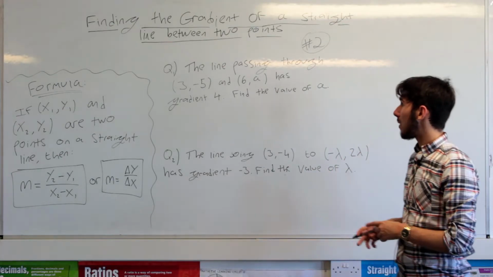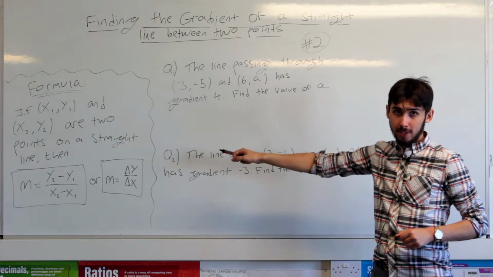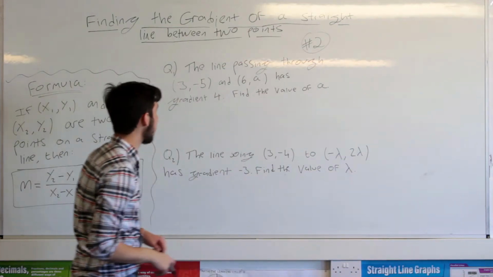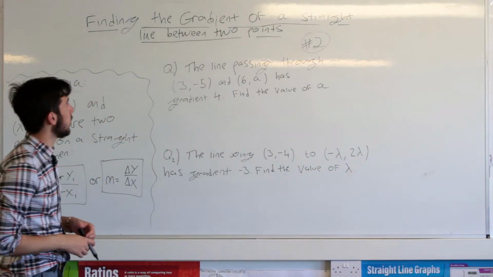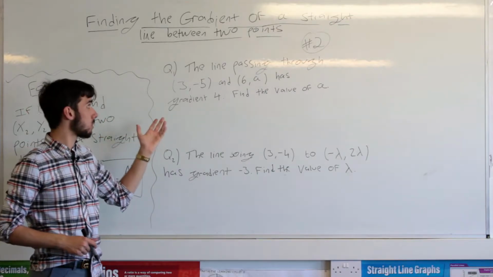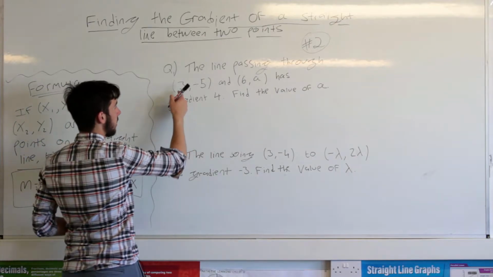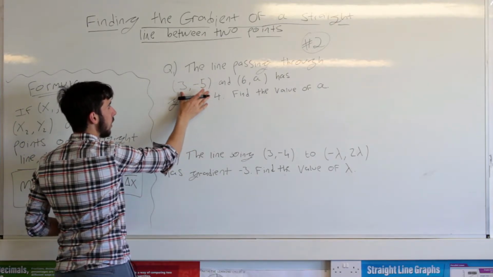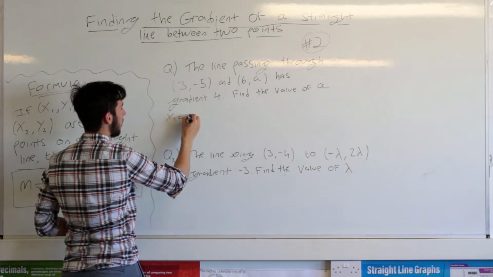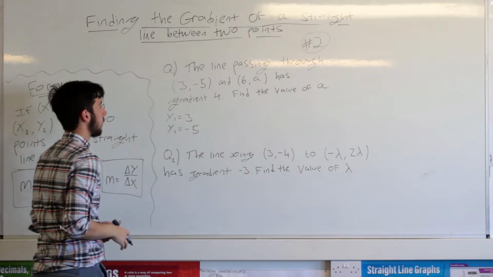Let's try and figure out how to find essentially the coordinate a using the gradient, using the same formula. Sounds like it shouldn't be too difficult, but it's just something that you need to look out for. So, just like in the last video, we can label our x1, y1, x2, y2. Let's say this is the first coordinate. We're going to say that x1 is equal to 3, whilst y1 is equal to -5.